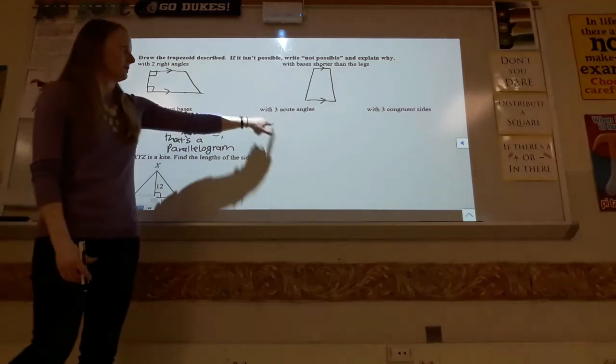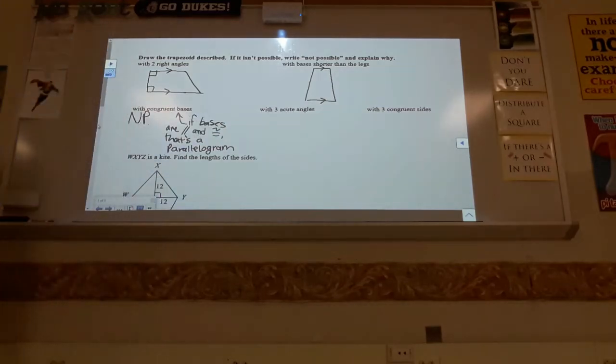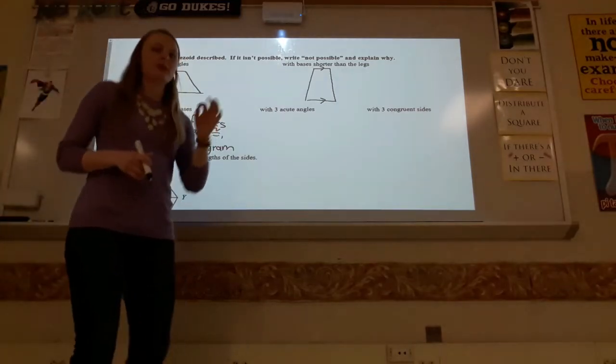All right, so now I want you guys to try this one, a trapezoid with 3 acute angles. So this one, hopefully you guys have pretty quickly run into an issue here.